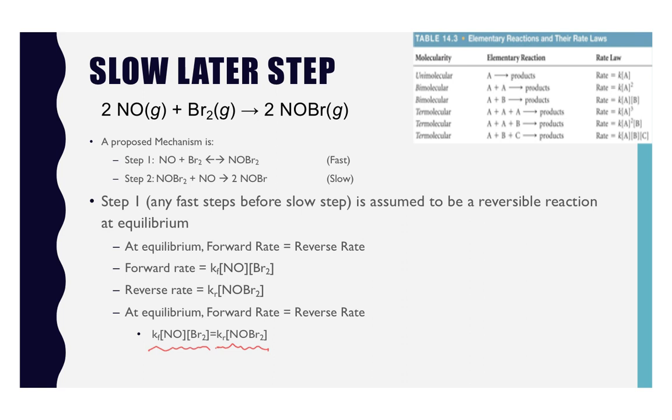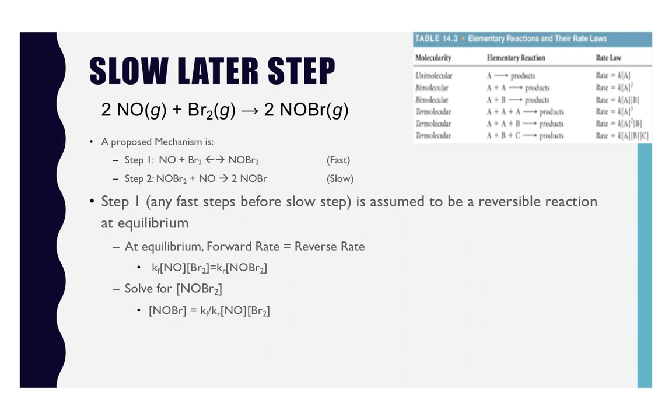What we wanted to do overall in this whole process was to solve for the NOBr2 concentration. So if I rearrange this equation and divide both sides by k reverse, I get that the concentration of NOBr2 equals the forward rate constant divided by the reverse rate constant times the concentration of NO times the concentration of Br2. Well, I can substitute that into the rate law for the slow step.